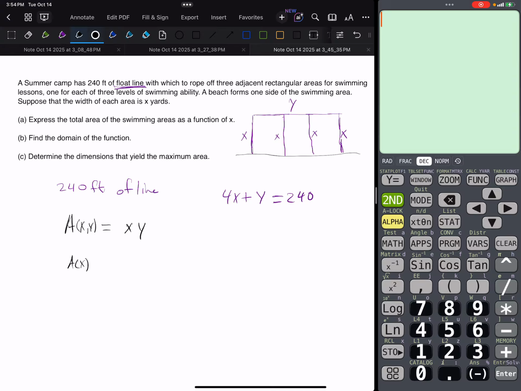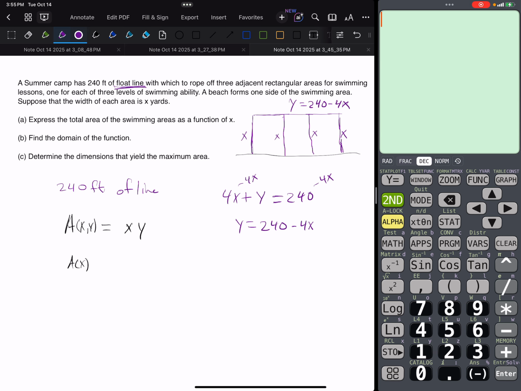Well, they've given me enough information for that because I've got an equation here where I can find y in terms of x. Just by subtracting 4x from both sides of that equation, I can get that y equals 240 minus 4x.